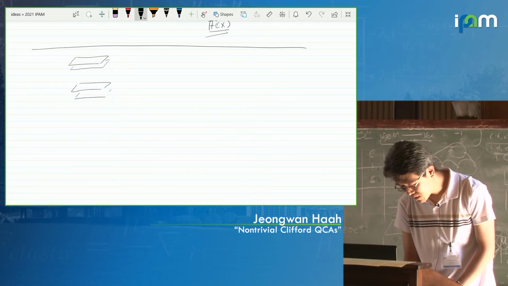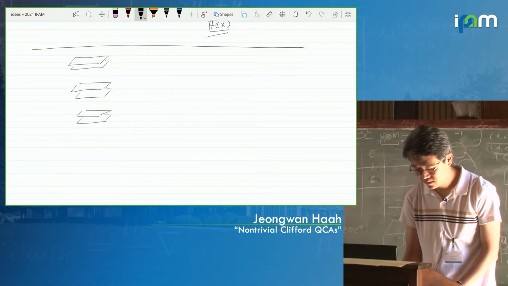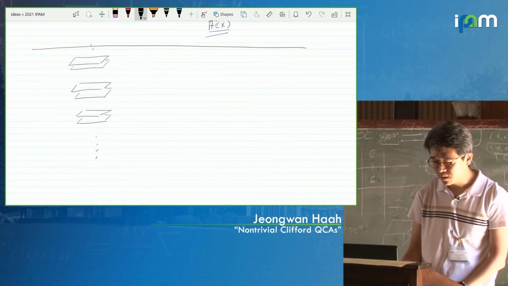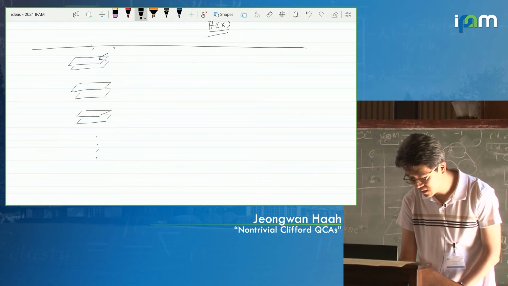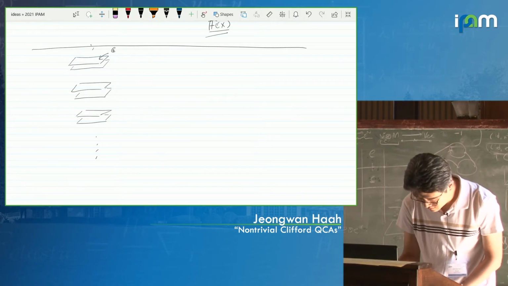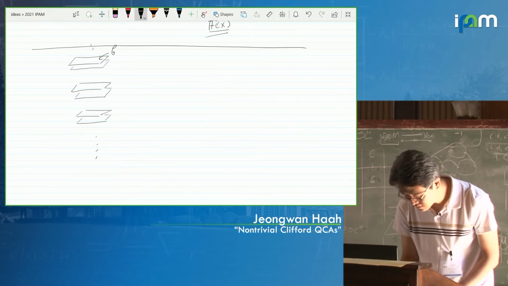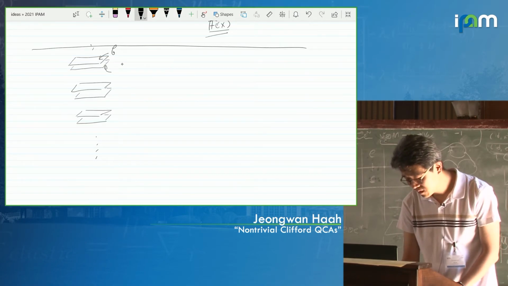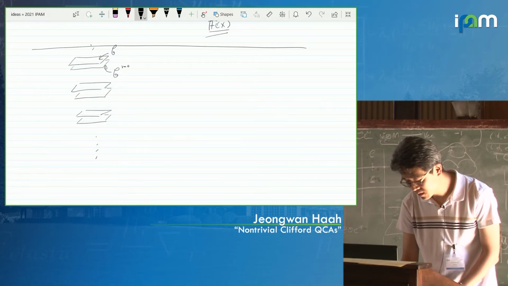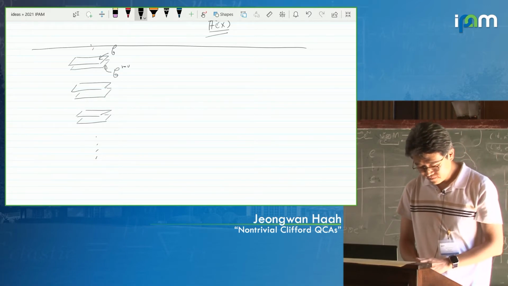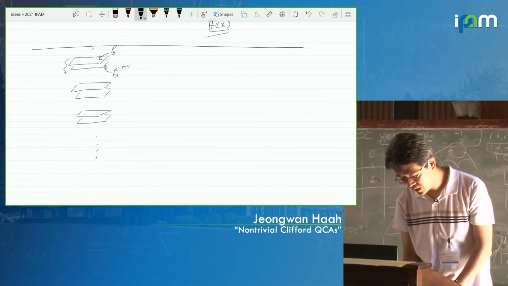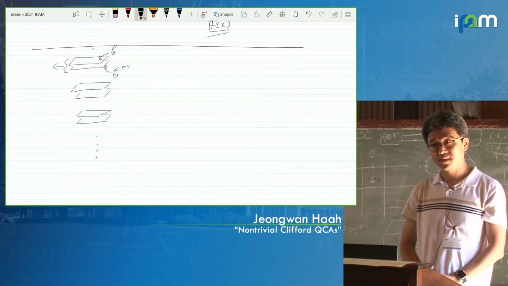You throw in many states and stack them on top of each other, but with the rule that on the upper sheet, you plug in some anyon theory, and on the lower layer, you put the conjugate. So the total of two sheets are now realized by some Hamiltonian system, no problem.